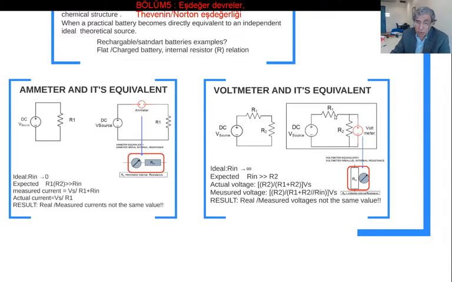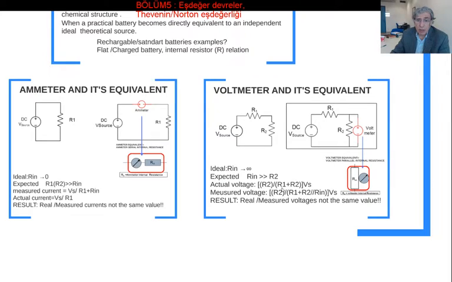That is the equivalent resistance of the whole circuit. If you divide Vs by this value, you find the current. When you multiply that current with R2, you get the voltage here. So the measured voltage and the actual voltage are not the same.